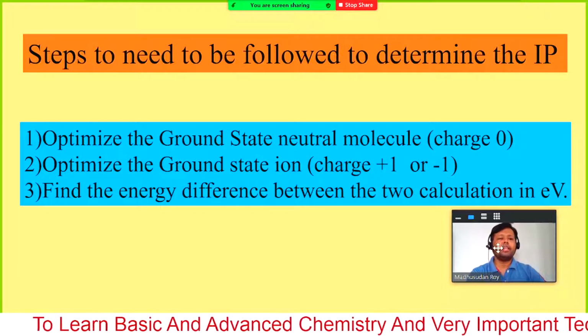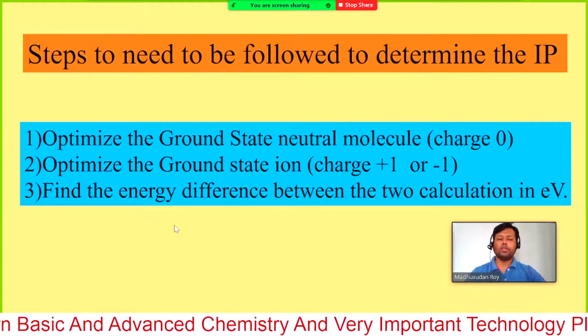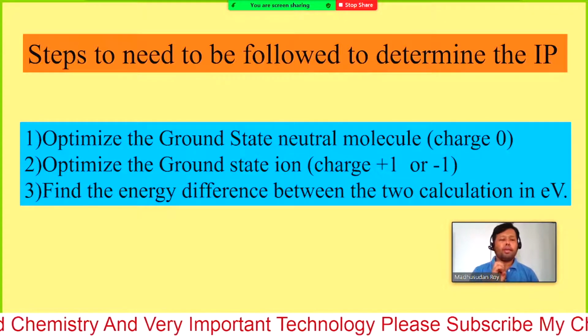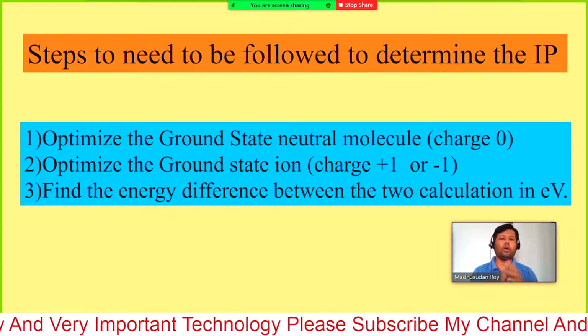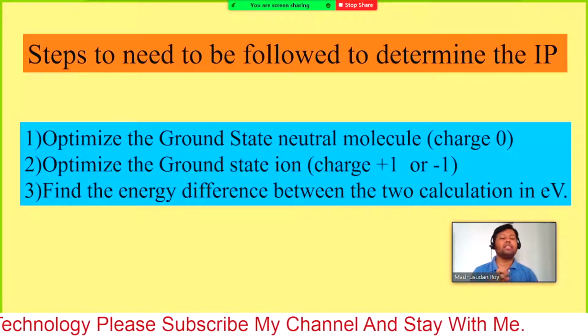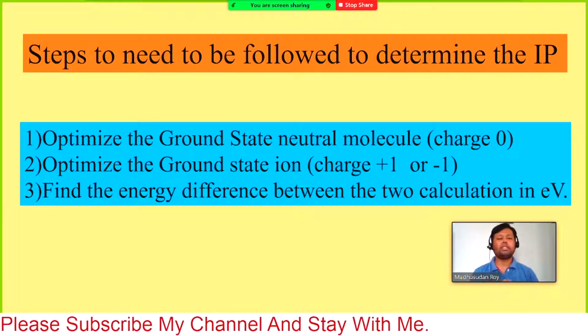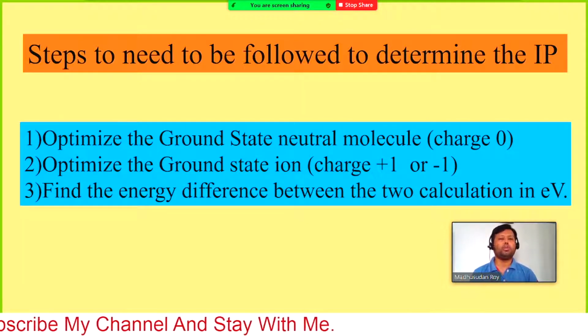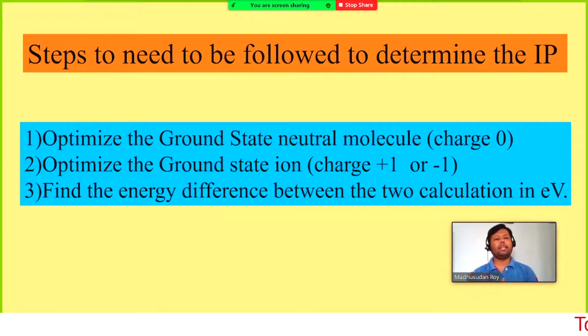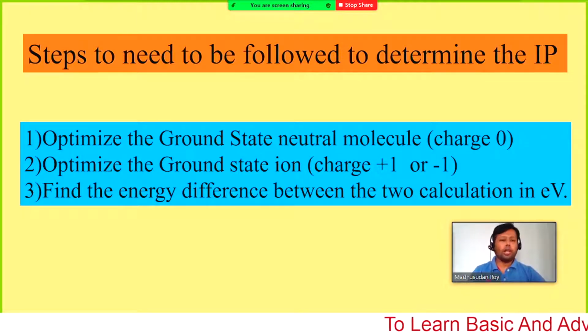That means what is the minimum energy of the atom or molecule in the ground state, and also it is in neutral form. That means it has no charge, it should be charge 0. The second step is to optimize the ground state of the ion.